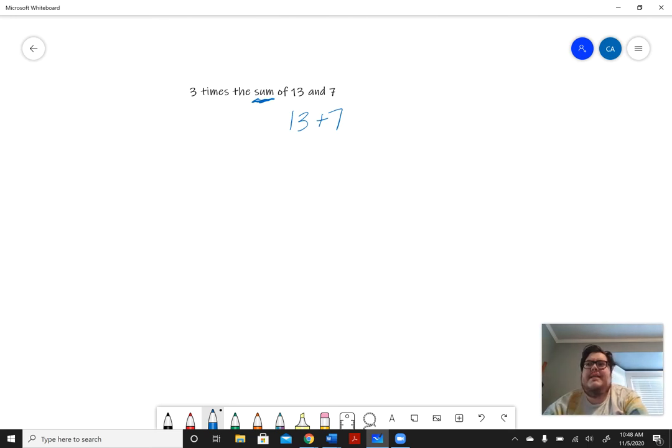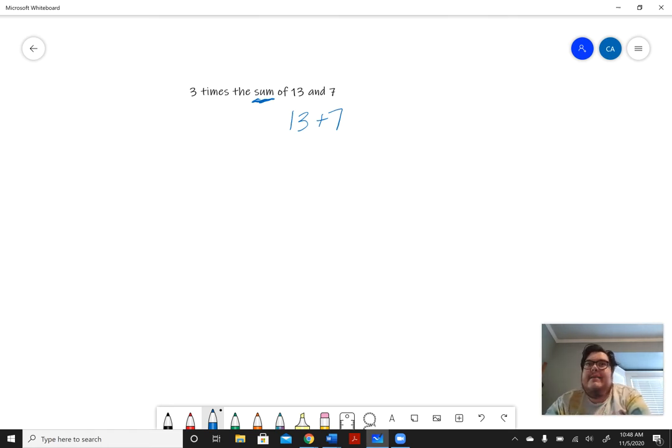Okay, now what does this mean, 3 times the sum of 13 and 7? Let's go ahead and pause here and talk about what we think 3 times the sum means. Okay, hearing times the sum, 3 times the sum, that tells us that we're probably going to be using multiplication, right?